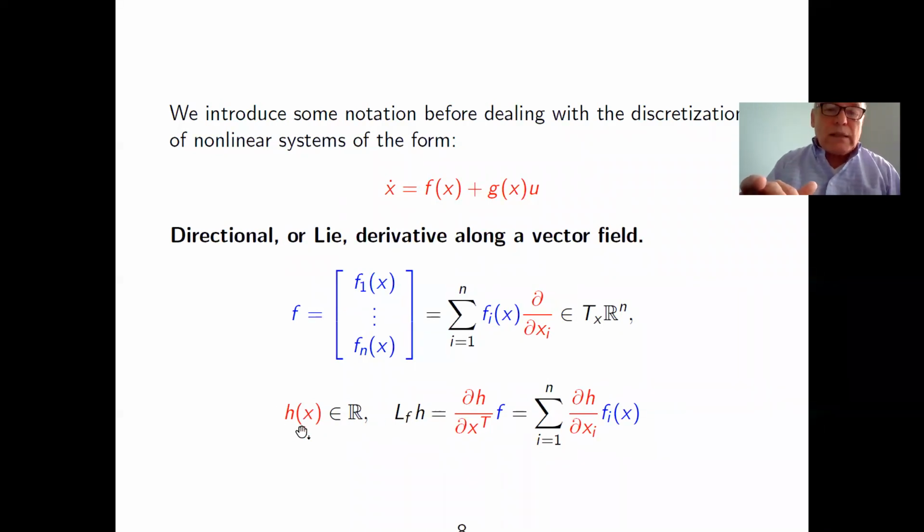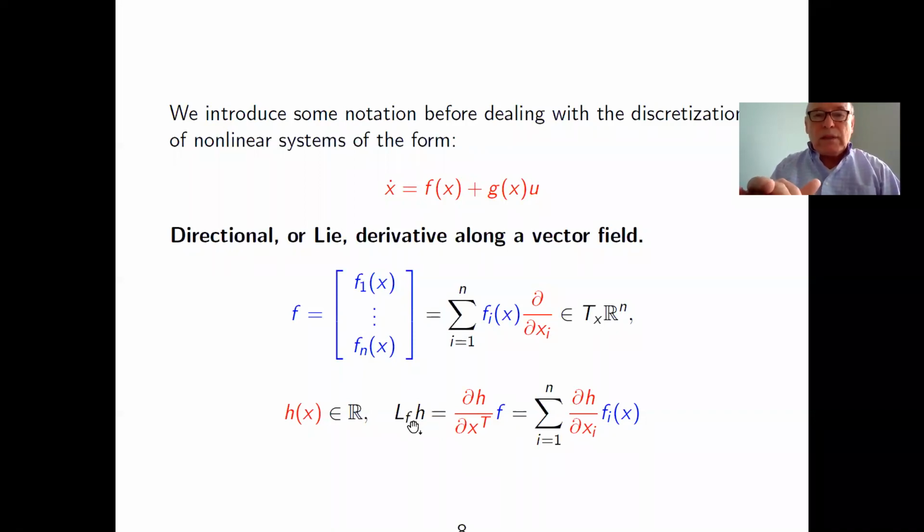h is the output function, let's say, that takes values in R. The components of h are also analytic functions. And the directional derivative of this scalar function with respect to this vector, that means the variation of this scalar function along the direction represented by f, will be called the directional derivative, and that will be computed as a scalar quantity, which is the inner product of a row vector given by the gradient of that scalar function with respect to the state, multiplied by the vector field.